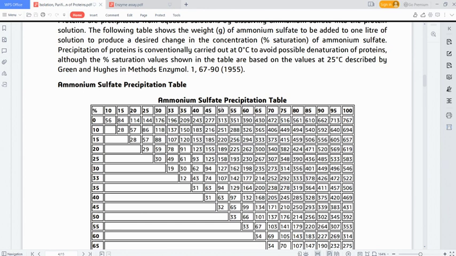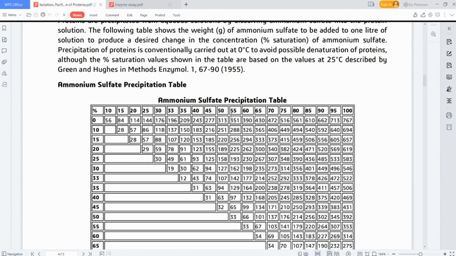What you have just succeeded in doing is to say that the saturation of your protein of interest will be at 50%.